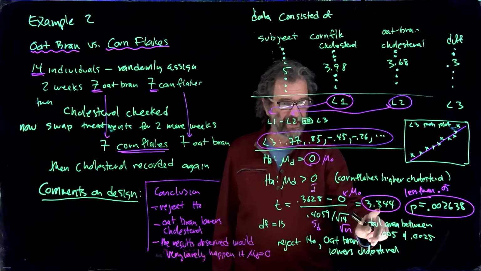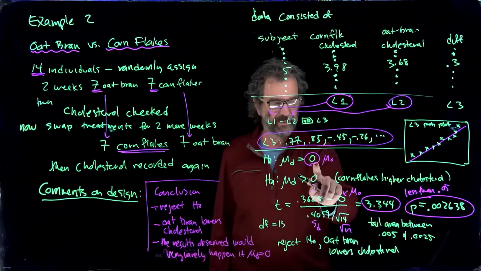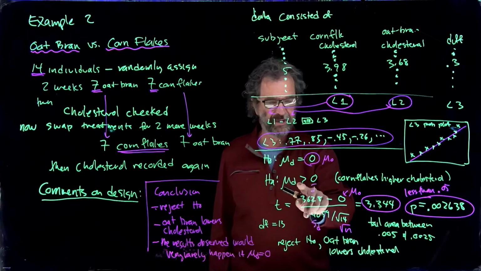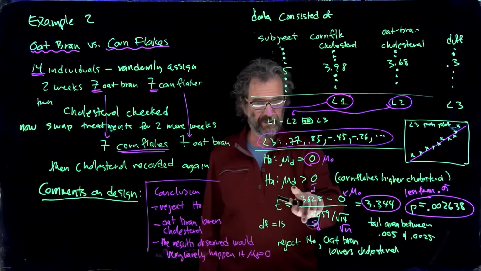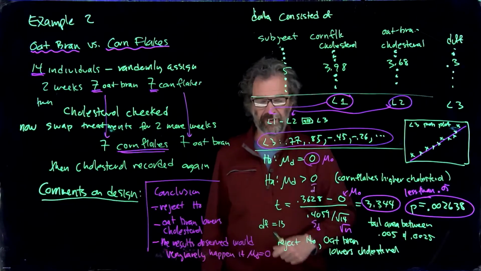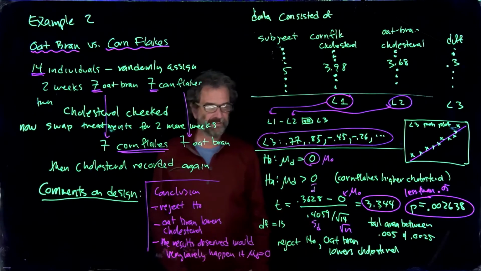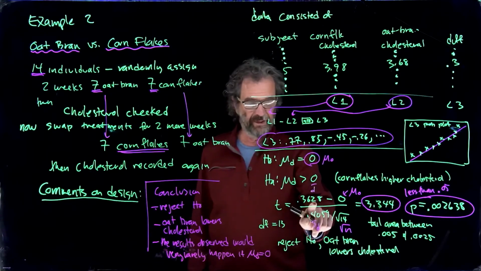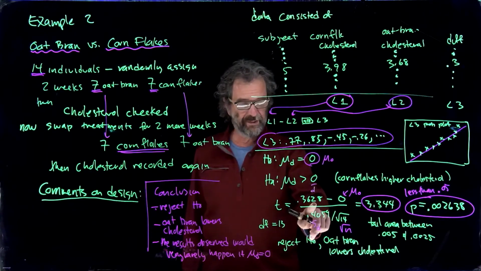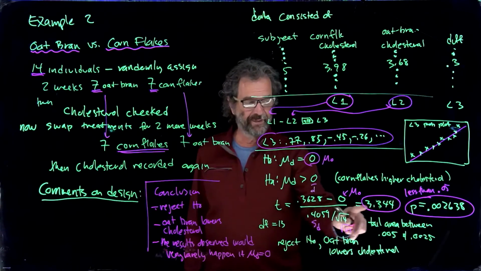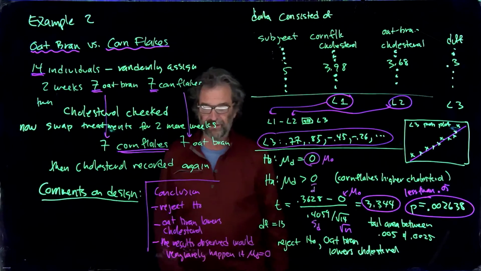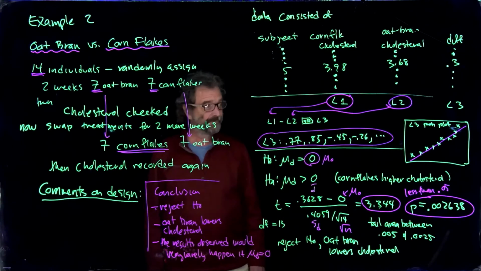So if that's unlikely to happen when that's true, then we're going to say that's probably not true. And this kind of value favors the alternative because it's the right tail. And this here is a greater than alternative. So the right tail probability is the p-value, and large values for t favor that alternative, because this says that the mean of the differences is so much greater than 0 that I get a t-value of 3.3, which is pretty unlikely to happen. And so therefore we can reject the null hypothesis.